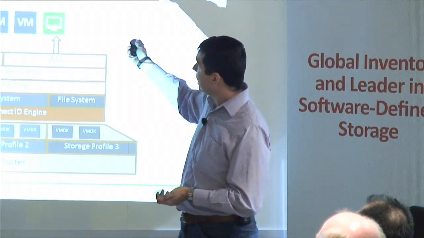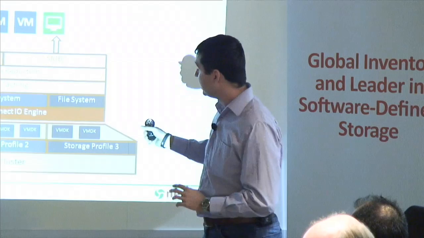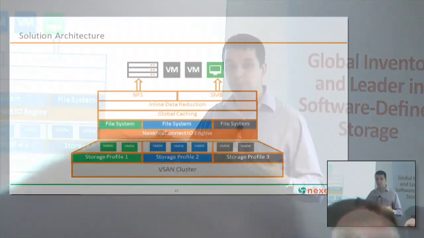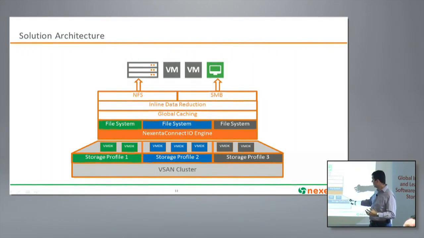And this is how it's architected. We have one VSA currently per vSAN cluster. You may have multiple vSAN clusters, but when the manager deploys our VSA, you have one VSA, but separate file systems per storage policy. Let's say you have 3 different storage policies, each requiring different availability.